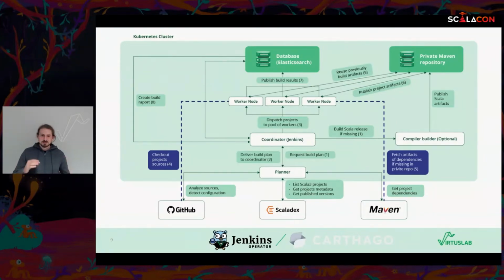After some time, with the increasing popularity of Mill, we finally decided to add support for it. And we decided to actually modify the sources of the builds that Mill uses. And we did it with the help of Scalafix.